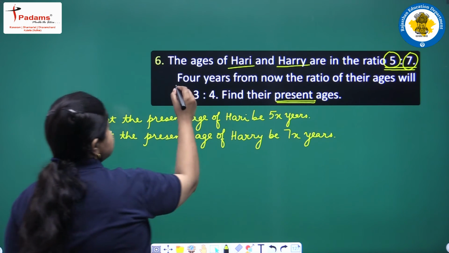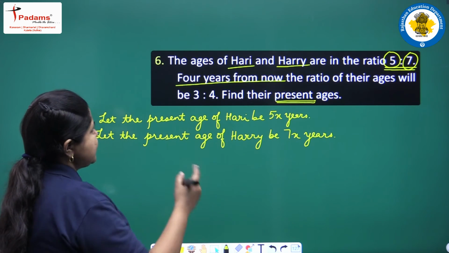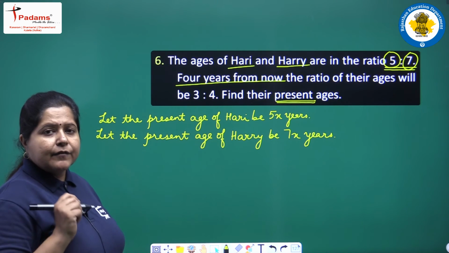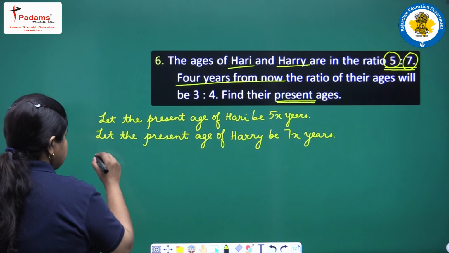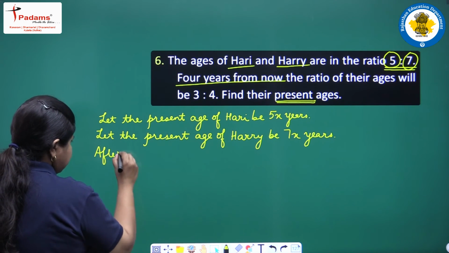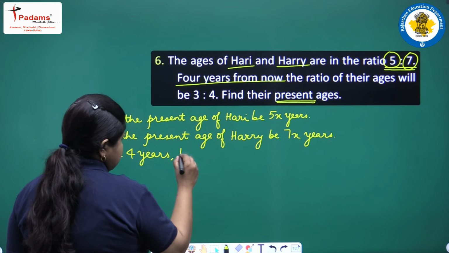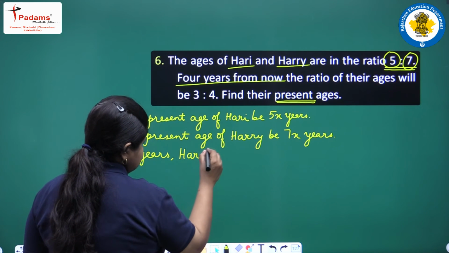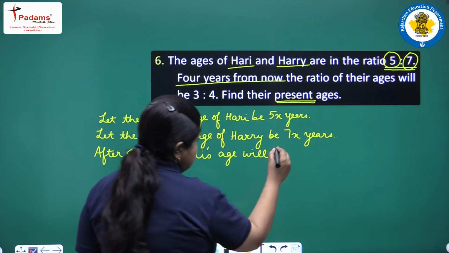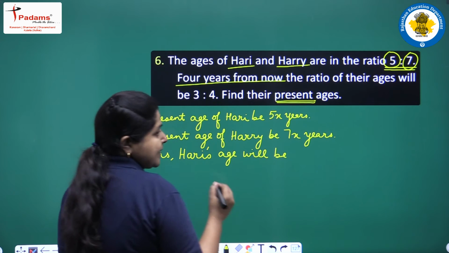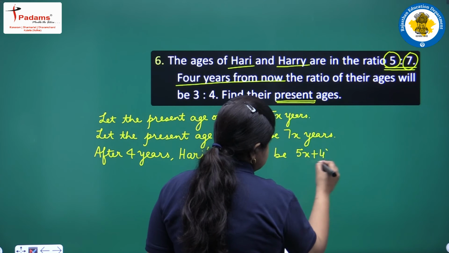Then 4 years from now, this means after 4 years the ratio of their ages will be 3:4. So first we need to find their age after 4 years, then we will take up the ratio. So after 4 years Hari's age will be, yes, 5x + 4 years.